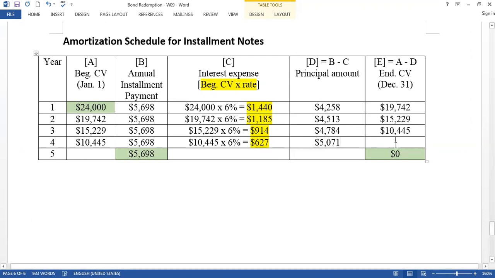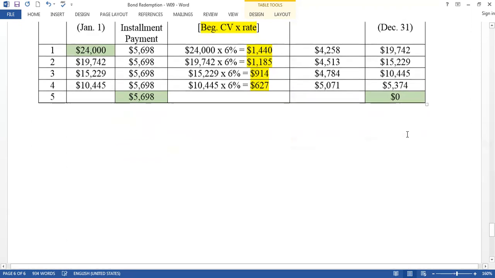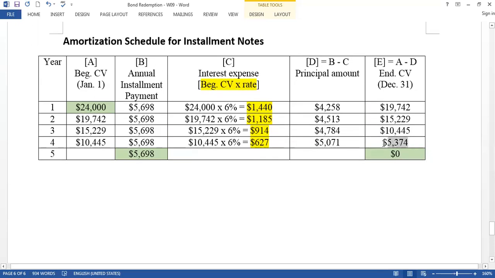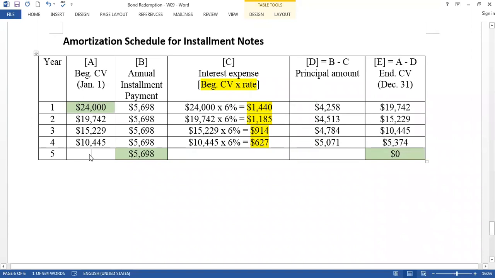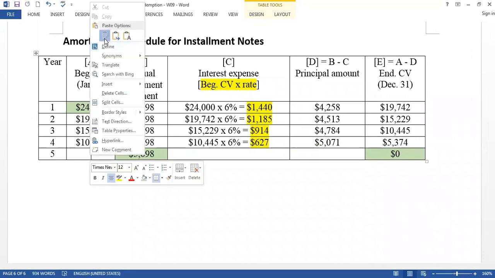And after paying this money, our remaining liability is 5,374. 5,374, right? Now year 4 ending carrying value is the year 5 beginning carrying value, right?